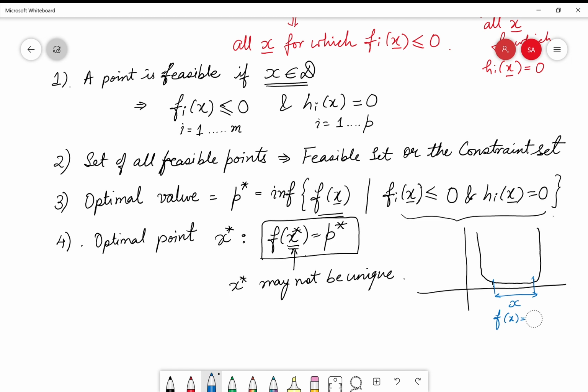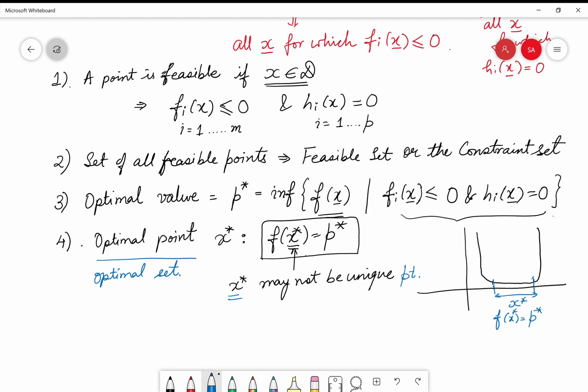Let me write it as p star. So this is your set of x stars where your function attains a minimum value. So x star may not be a unique point, it could be a set also. So rather than talking about optimal point, we can also talk about optimal set.